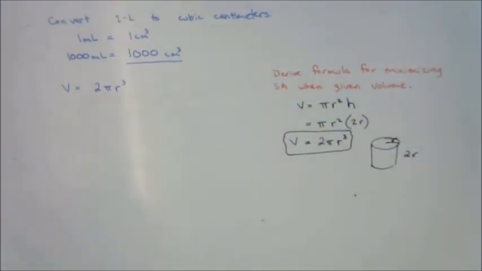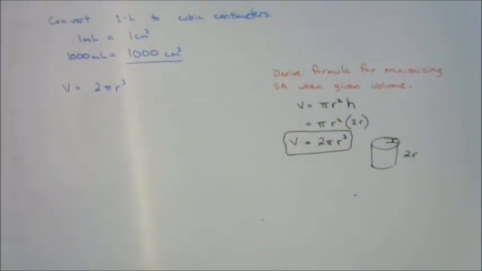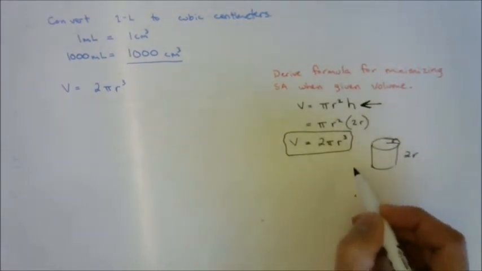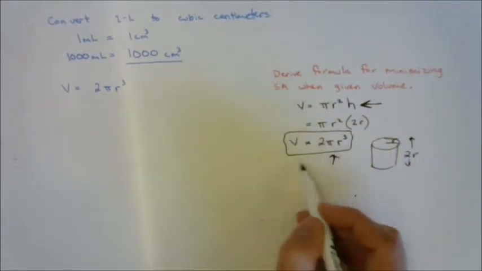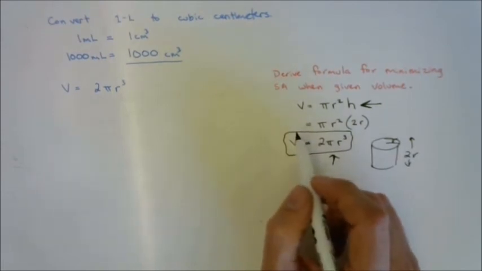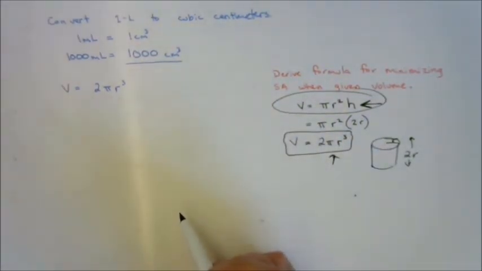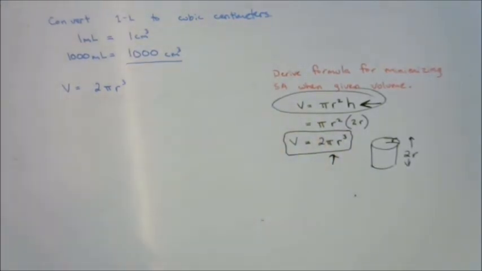This is cubed because there's 3 factors of R: R squared times R. This one is special, a special cylinder where the height is 2 times the radius. This other one is for any cylinder. So if you get a question on a test that says get the volume of this particular cylinder that's drawn for you, you use this one. If you have a question about maximizing volume or minimizing surface area, then you're talking about this one.